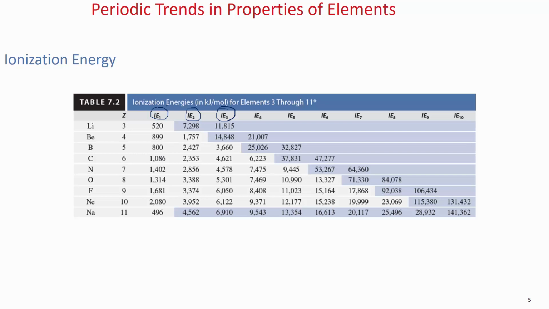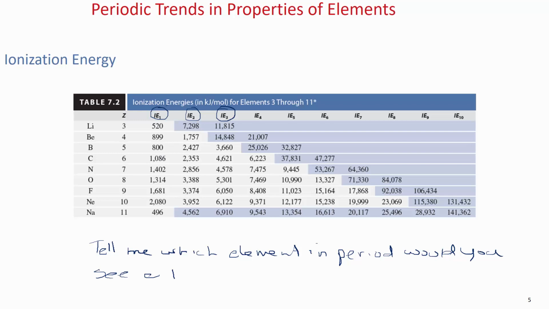So you say, why is this so important? So what if I said, tell me which element in period 3 would you see a huge increase in, let's say, the fourth ionization energy?